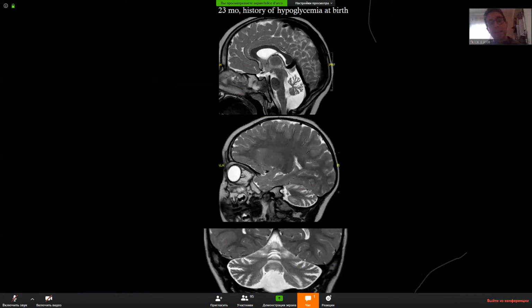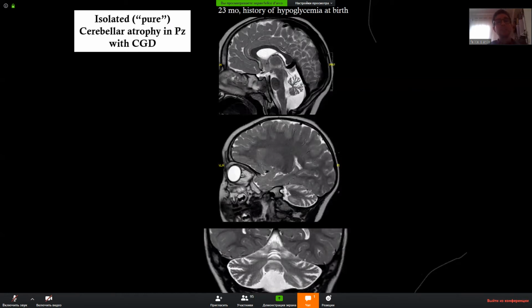This is another case. Clearly, both vermis and cerebellar hemispheres are atrophic. This is a 23-month-old boy with hypoglycemia at birth, but this is clearly a neurogenetic problem because the abnormalities are isolated in the cerebellum, and in this case were also progressive.